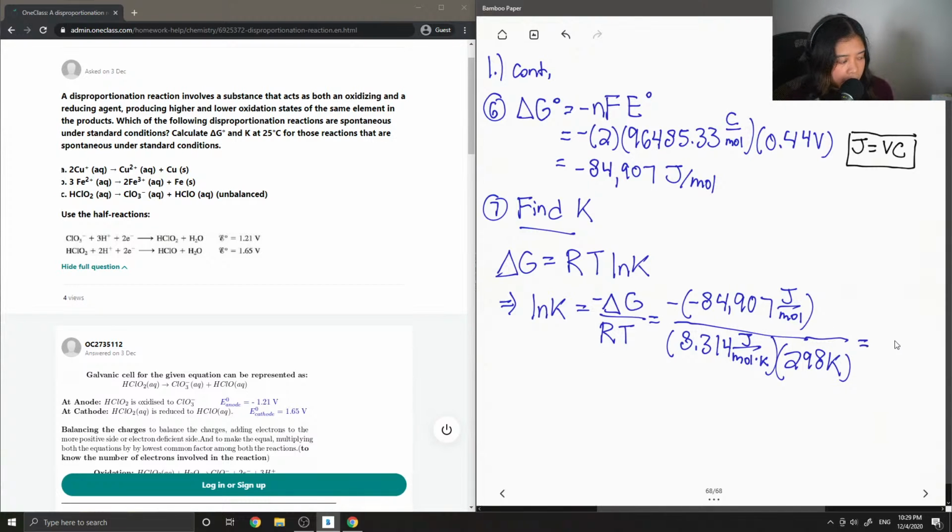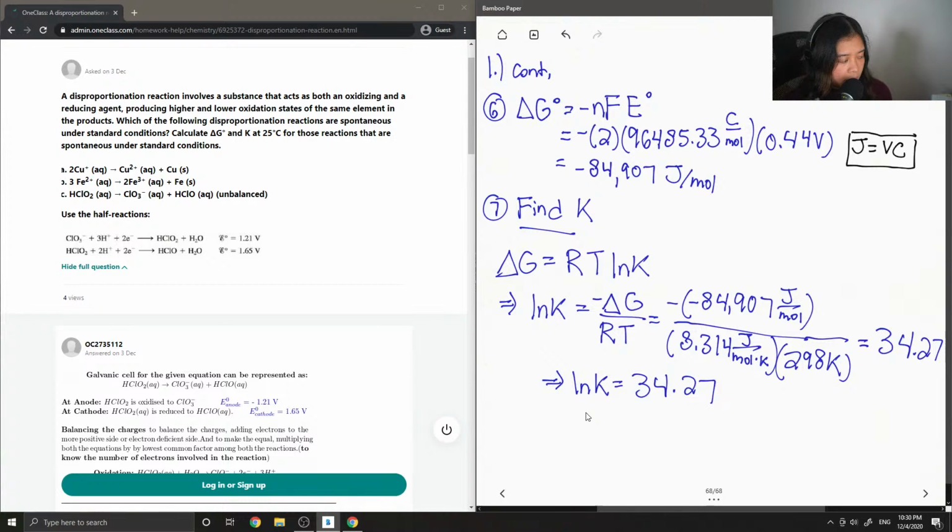Okay, so this whole value here is equal to 34.27. So now, and I'll just rewrite it here. So ln K is equal to 34.27.